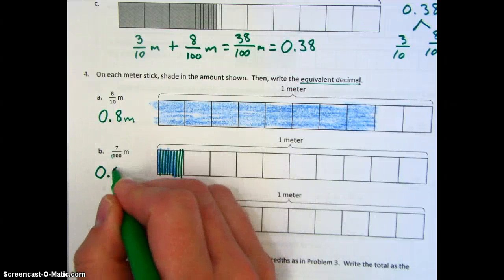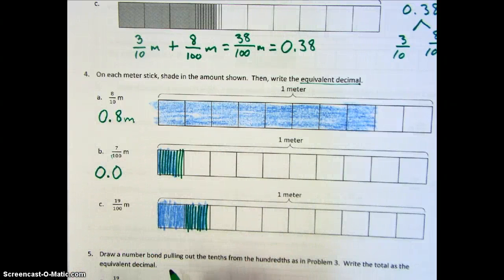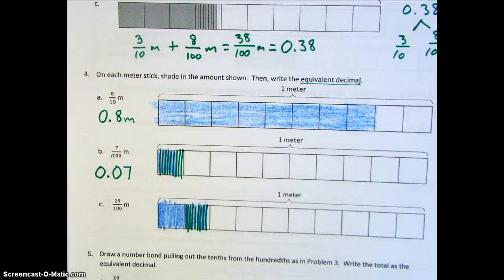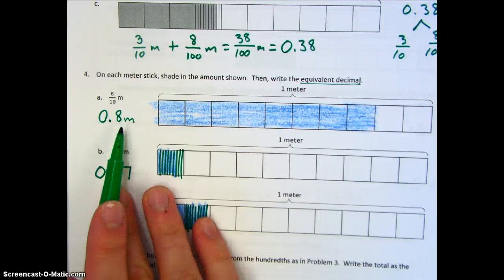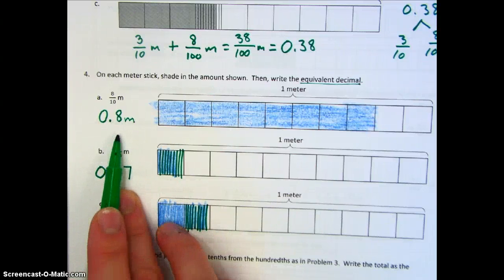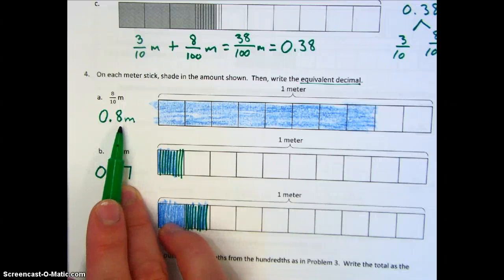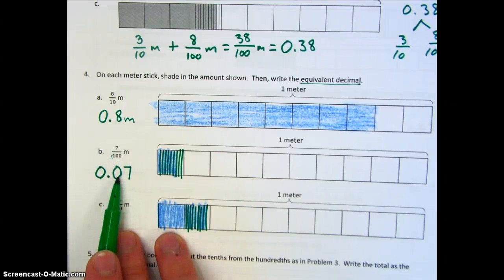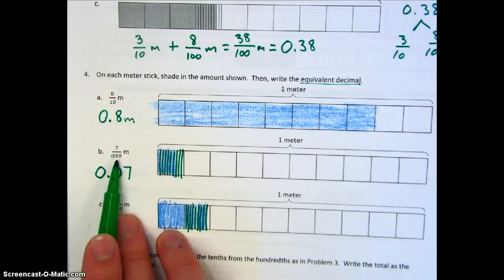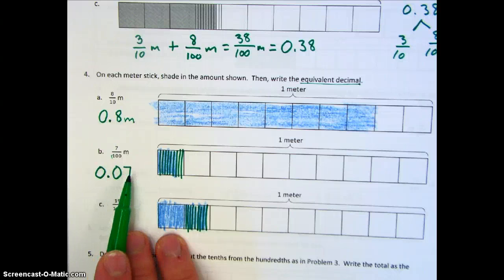We have 0/10ths, but we have 7/100ths. So notice very carefully the difference between letter A and letter B. We have 8/10ths here. We do not have any tenths here, but we have 7/100ths. So please be very careful when you're looking at those decimals and thinking about the place values and what they relate to as the fraction.